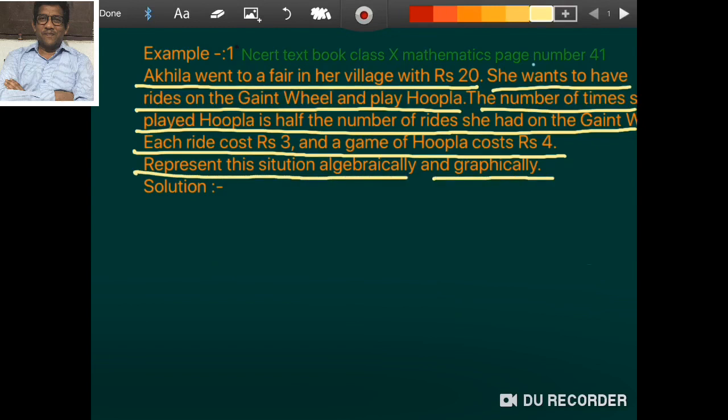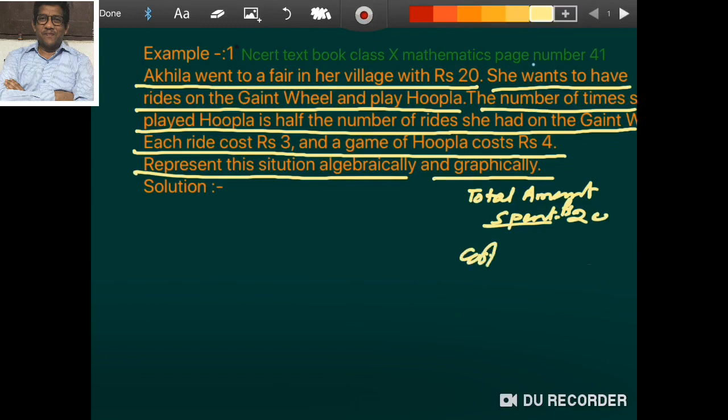First we discuss the algebraic representation of the given situation. Here it is given that the total amount she spent on the fair is ₹20, and there is a relationship between the number of rides and hoopla, and also it is given the cost of each ride and the cost of a game of hoopla.